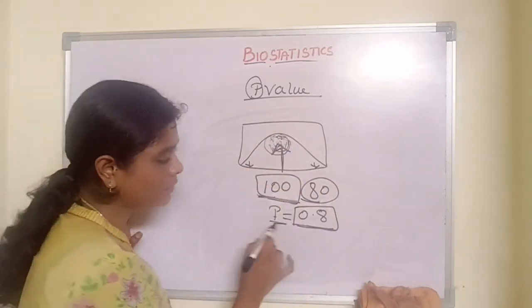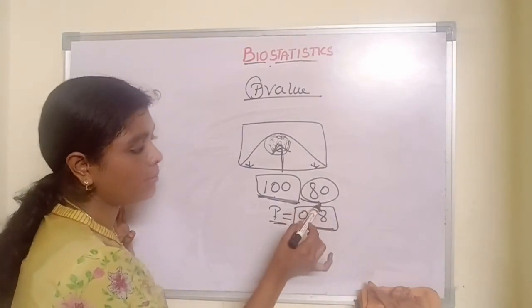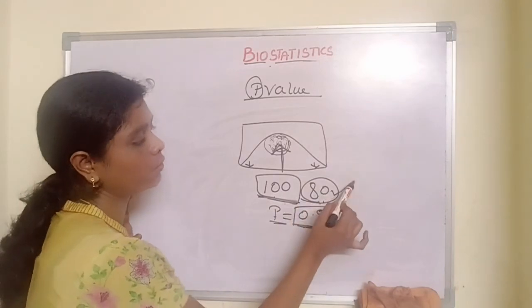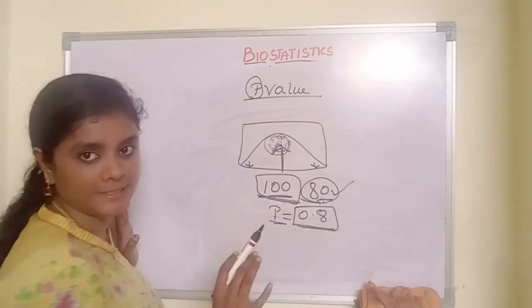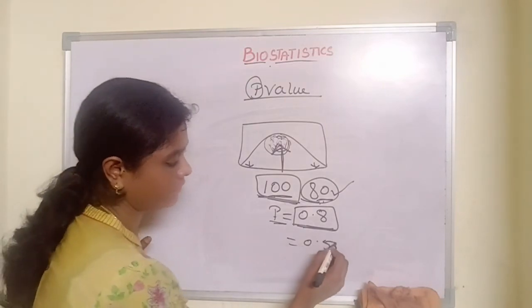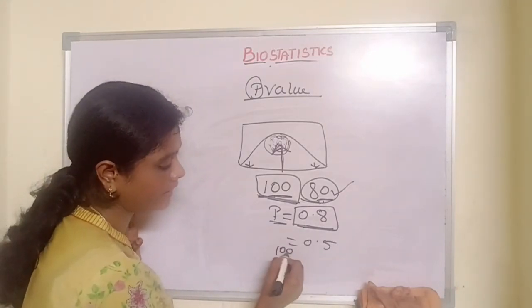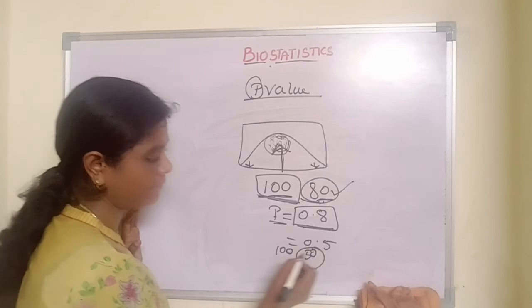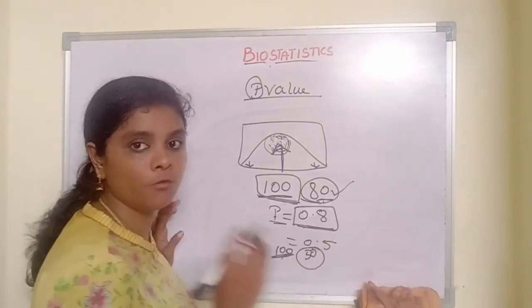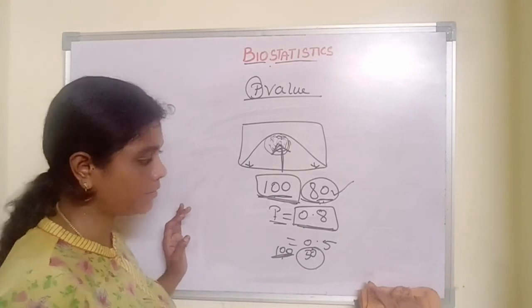So the p-value of 0.8 means the probability of the hypothesis being true out of 100 is 80. If my p-value is 0.5, out of 100 the probability is 50.